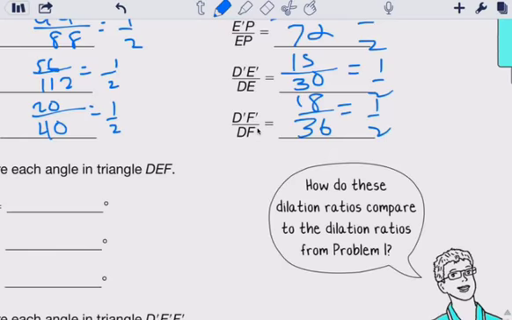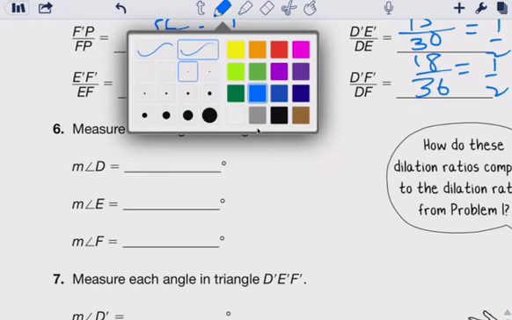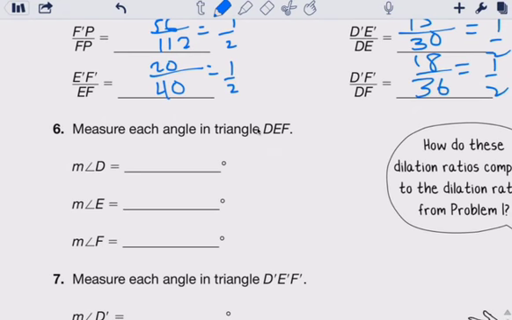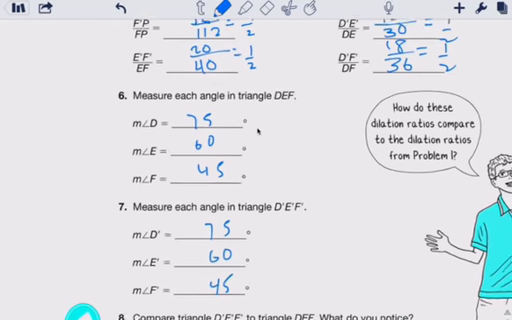Okay, and measure those angles. Practice measuring the angles, you guys. It should come out the same angles as the other one. Really no different. 75 degrees, 60 degrees, 45 degrees. They gave you the same ones.